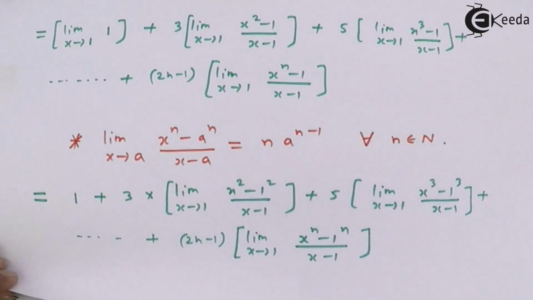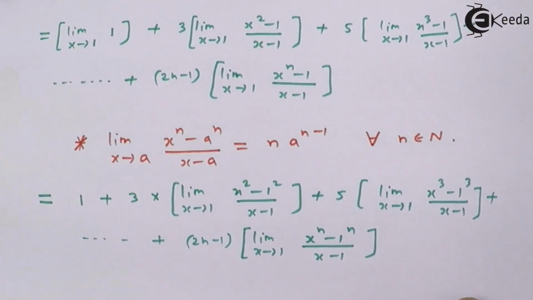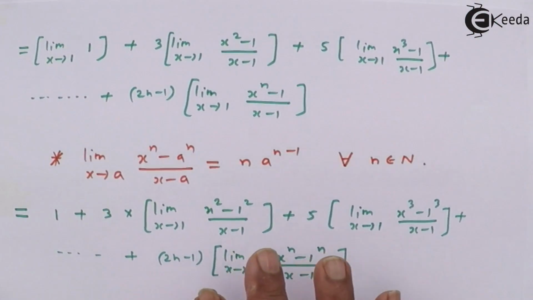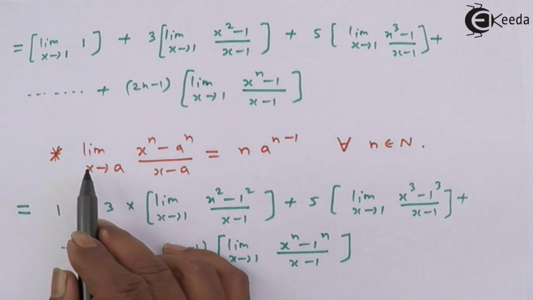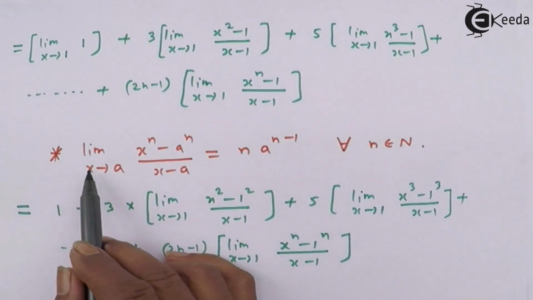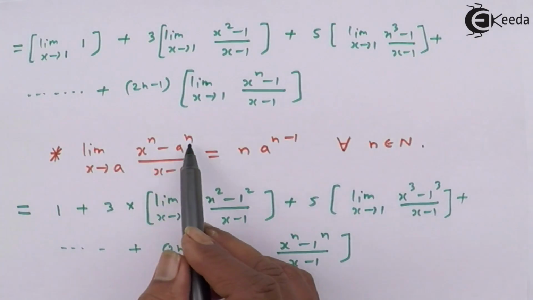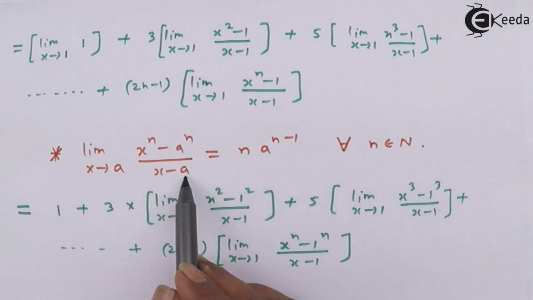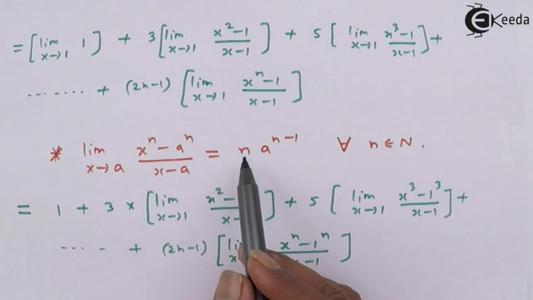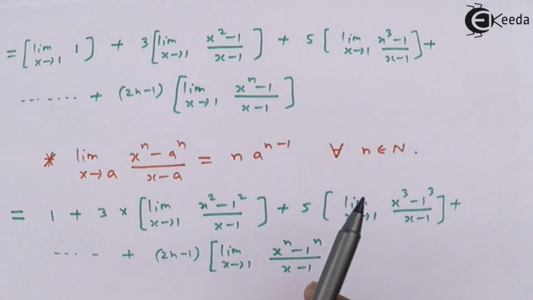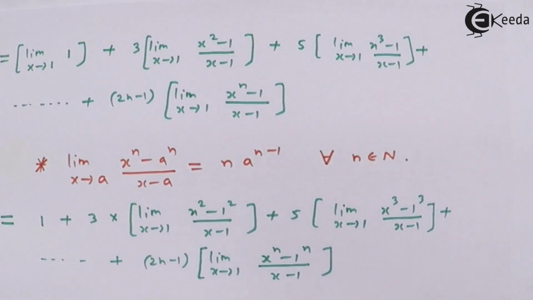Now here we arrange the given question in the perfect formula which was just stated above, that limit x tends to a (x raised n minus a raised n) upon (x minus a) equals n into a raised n minus 1, and the result is true for all n belonging to the set of natural numbers.